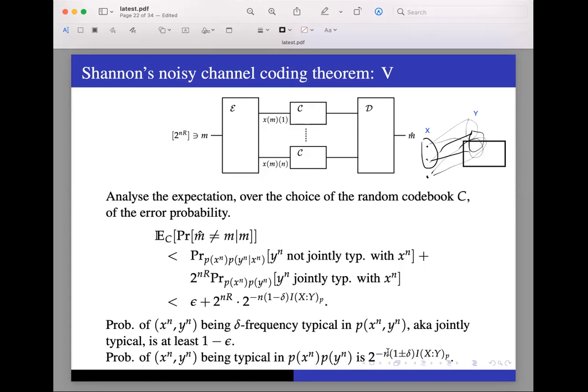And how many guys are in the typical set of the joint distribution? 2 to the n times H of x comma y. But then I'm going to invoke another property of typical sets, that everything inside a typical set roughly has the same probability. So under that question: given a sample from the product distribution, what is the probability that you mistake it as coming from the joint distribution?